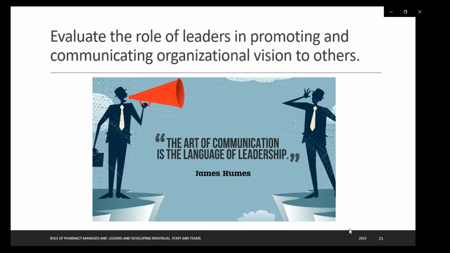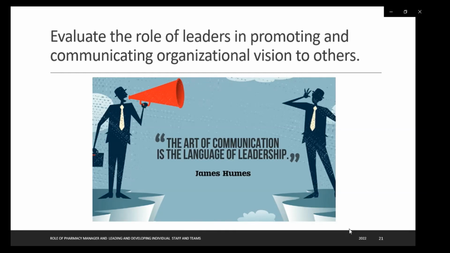As a leader, one part of my job is to create commitment to the organization's vision. To do this, I must communicate and promote the vision effectively, and also repeatedly. That will help others understand it, remember it, and share it.